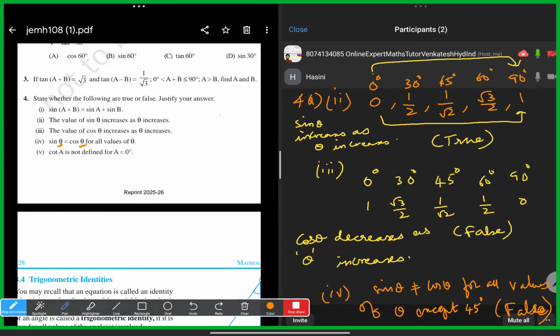Next one, Hasni, fifth bit. Cot A is not defined for A equal to 0 degree, Hasni.